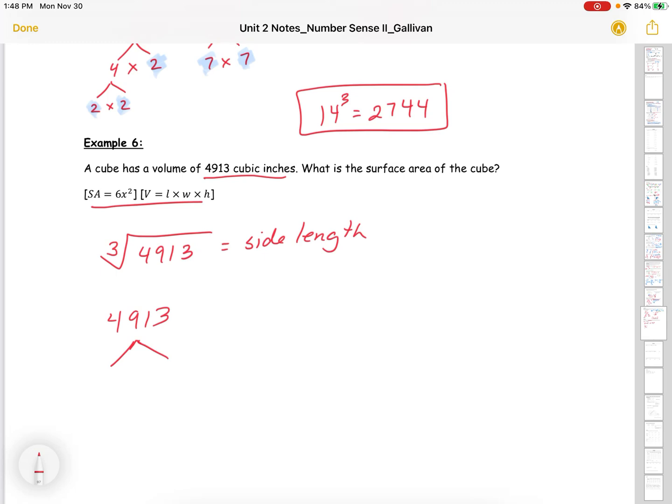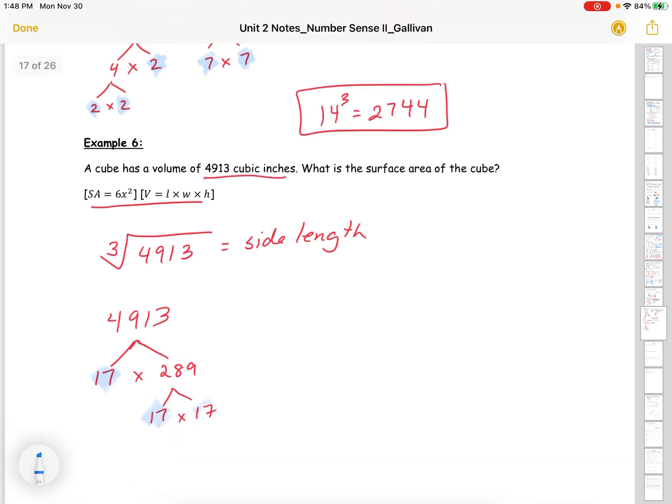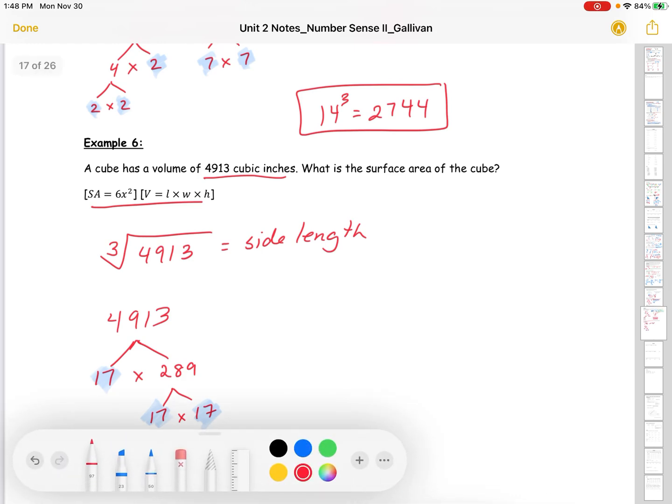We're going to do a bunch of division, and, you know, 4913, it's not divisible by 3, not divisible by 4, not divisible by 5, but look at this, 4913 is divisible by 17. So it's 17 times 289. Wow. Now 289 is divisible by 17. It's 17 times 17. And 17, even though it's a huge, big number, it is prime, okay?